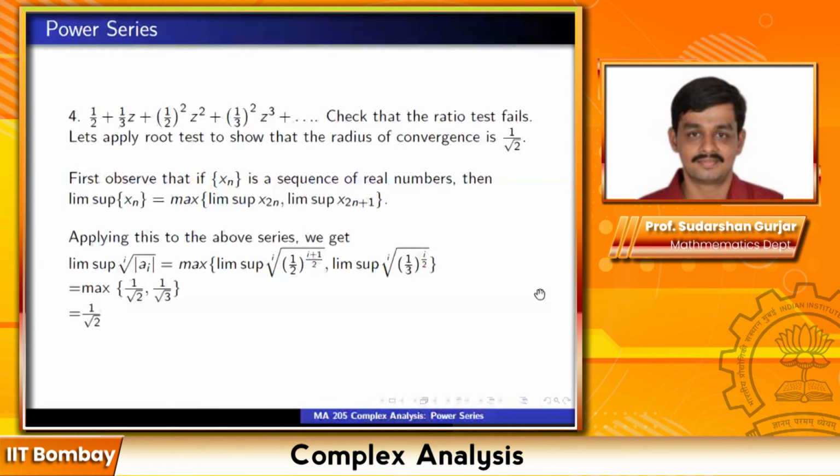So just applying that, lim sup of xn is the maximum of lim sup of x2n and lim sup of x2n plus 1. Applying this to the above series, we get lim sup of ith root of mod ai. This is the maximum of lim sup of, I separate into even and odd terms. So what are the odd terms looking like? Odd terms are like 1 upon 2 raised to i plus 1 by 2.